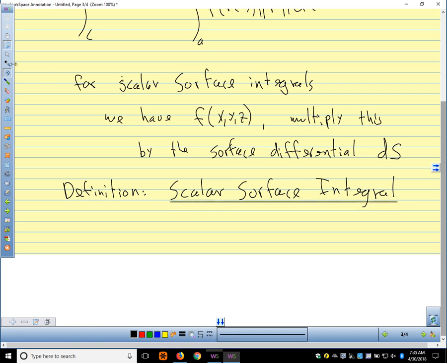Our scalar surface integral, the way we write it, is the double integral over S, for surface, of f of x, y, z dS.